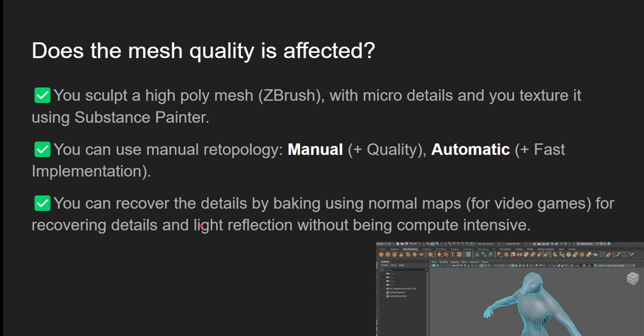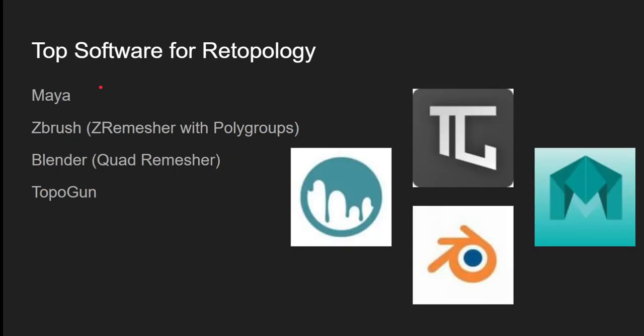And then you can recover the details by baking normal maps for video games, recovering details and light reflection without being compute intensive. Top software for retopology: you can use Maya, ZBrush, ZRemesher with polygroups, Blender with ZRemesher, and Topogon. Topogon is approximately $100, one payment.